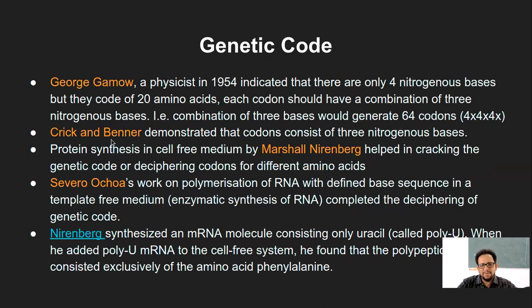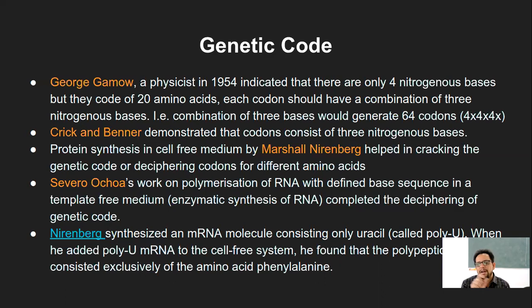Then Crick and Brenner demonstrated that a codon consists of 3 nitrogenous bases with an experimental setup. They took specific nucleotide sequences and put them into the culture medium, and the cells took them up.